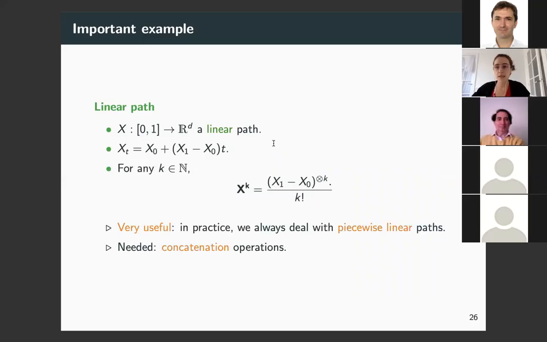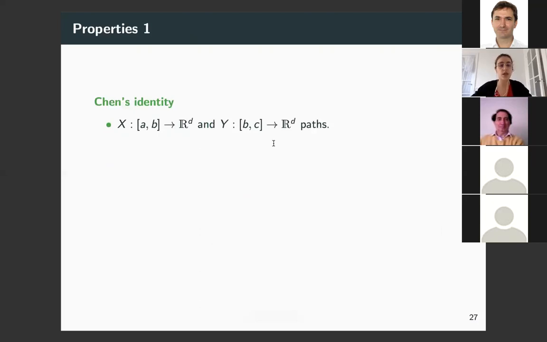And in practice, we will only deal with piecewise linear paths. So what we need is to be able to concatenate. If we know how to compute the signature of a linear piece, and we know how to compute the signature of a concatenation from each of these signatures, then we win, and we can compute the signature of any piecewise linear path. And this is what is called Chen's identity.